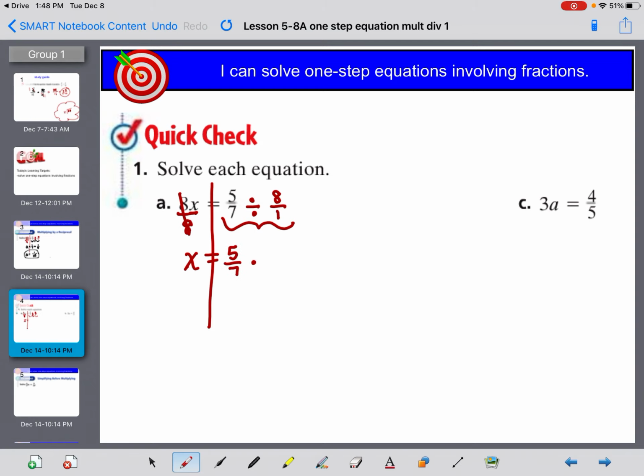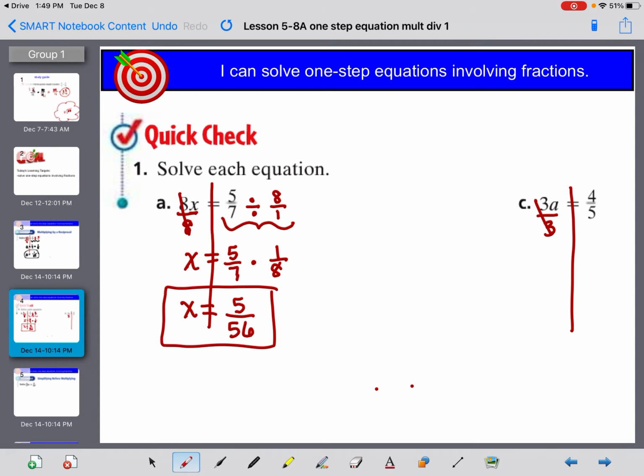I need to keep it, switch it, flip it, or multiply by the reciprocal. If I could reduce anything, any numerator or any denominator, I would have done so, but there's nothing I can simplify. 5 times 1 is 5, 7 times 8 is 56, and that's my answer.